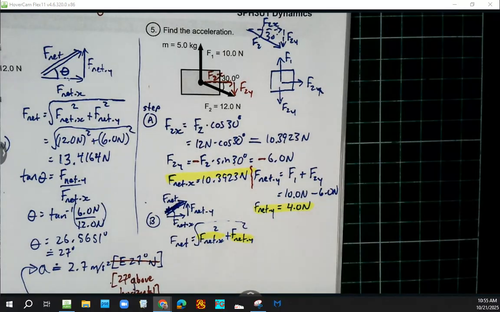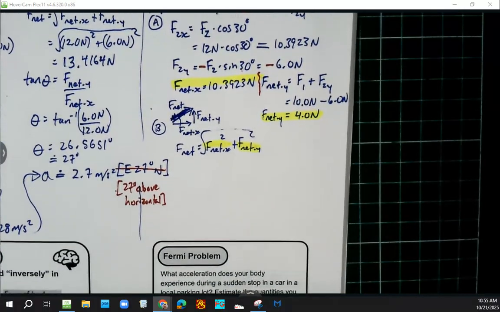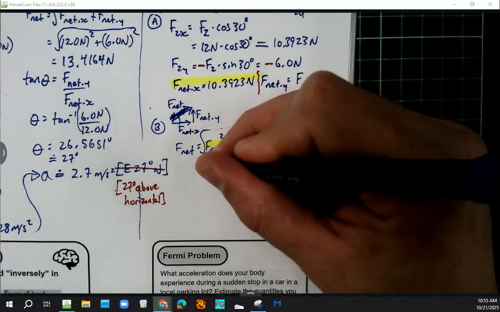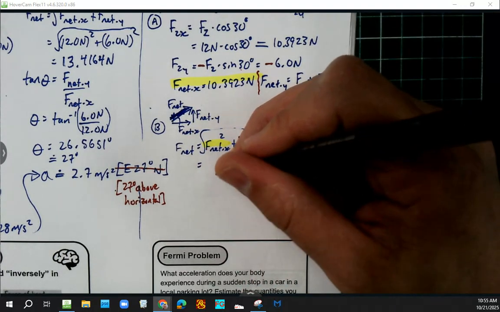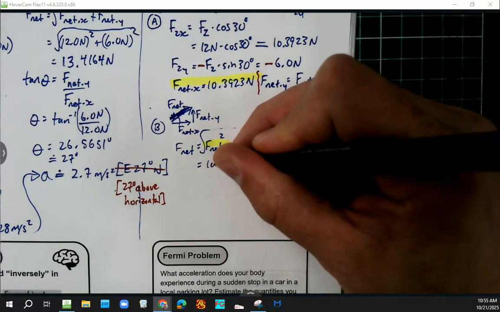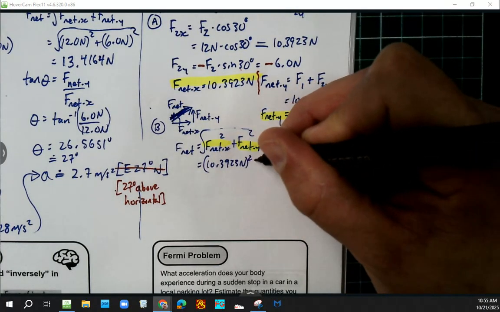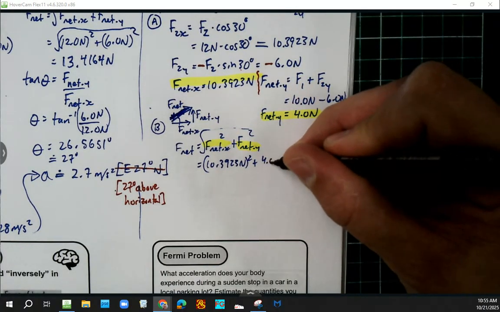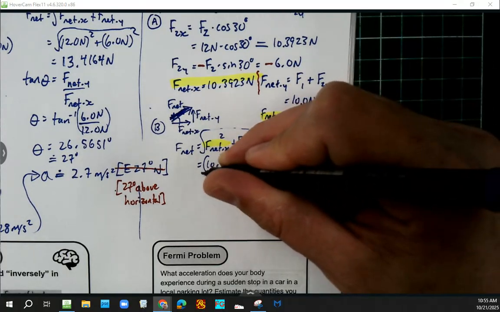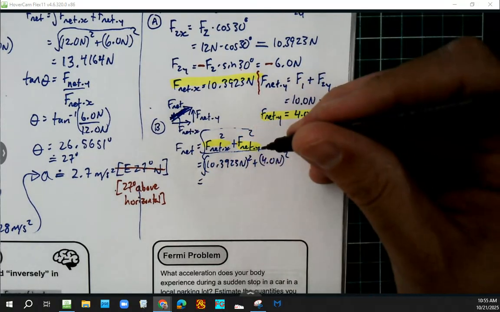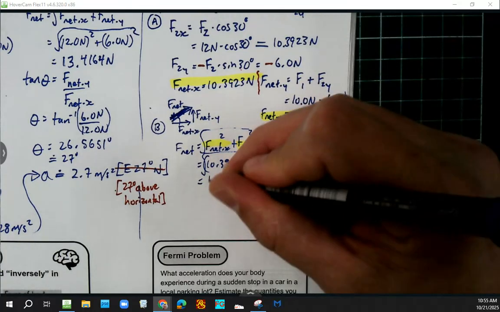They just used the board, right? This side's 6, and then 10 minus 6 is 4. I got the right acceleration. Yeah, me too. Why'd you use 6?